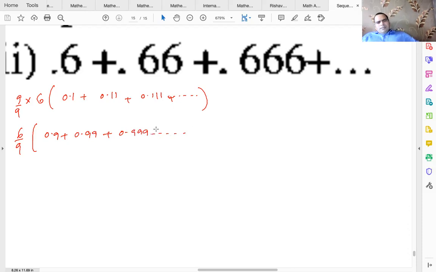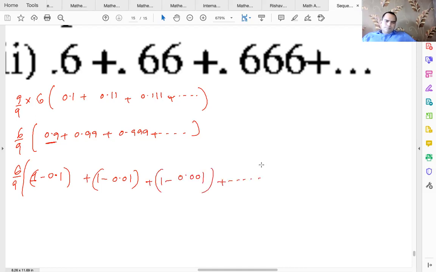As a result, I can write 6 over 9 outside, and the first number 0.9 can be written as 1 minus 0.1, plus 1 minus 0.01, plus 1 minus 0.001 and so on.